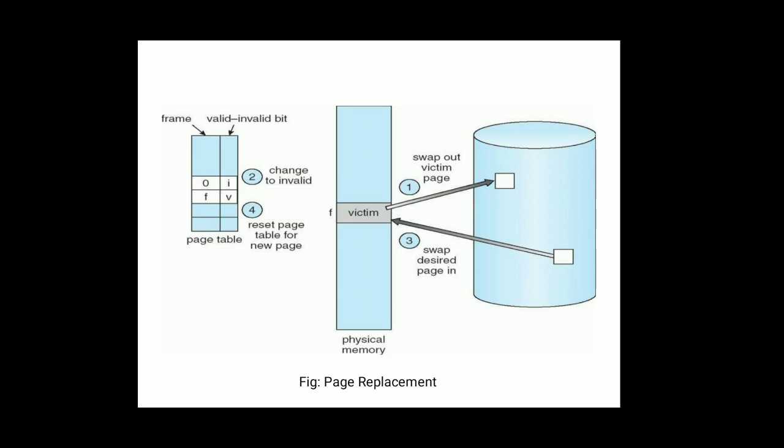In the third step, we swap the desired page in to that location, and in the fourth step we update or reset the page table for the new page to arrive. So this is the page replacement diagram which you can observe.